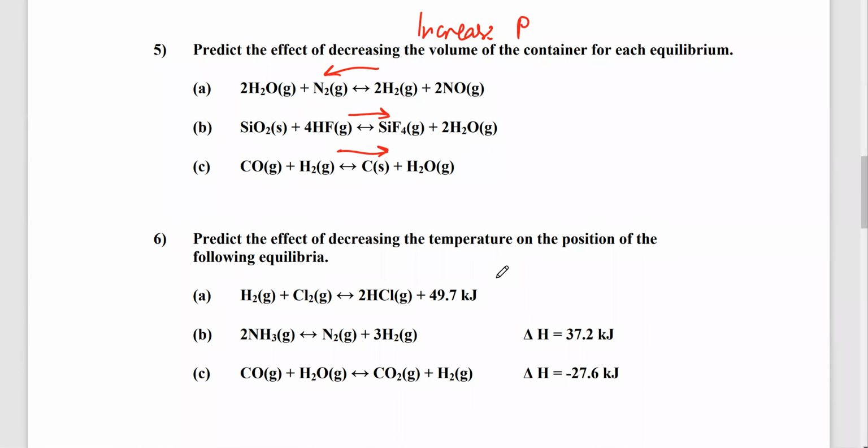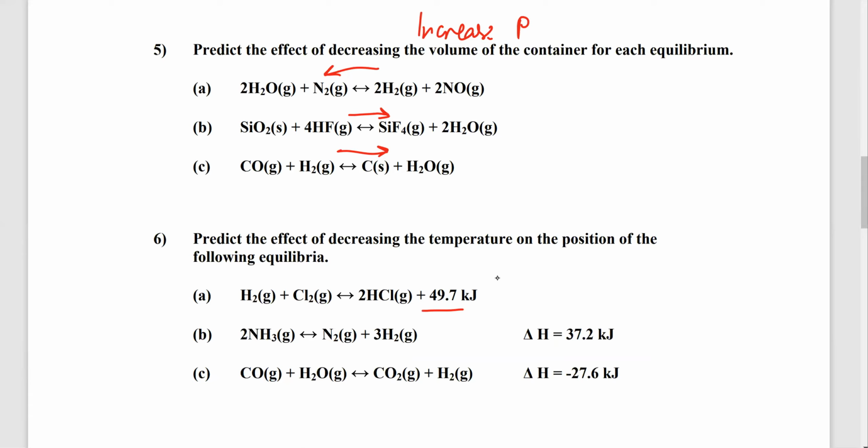Next one is: predict the effect of decreasing the temperature on the position of the following equilibria. Now he's given you endo and exo. This is plus. So if it's plus, then that means it's going to be endothermic, right? But if it's giving off energy, then, wait, no, exothermic gives off energy, right?